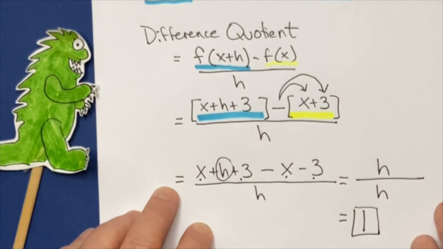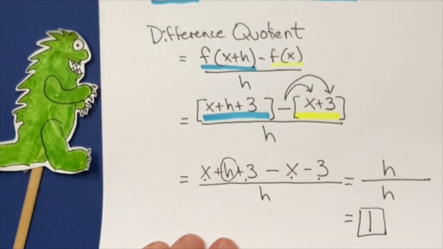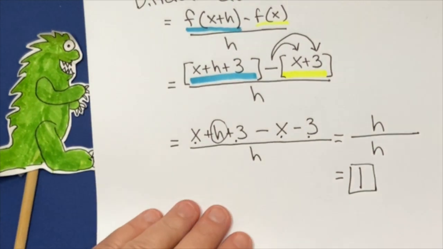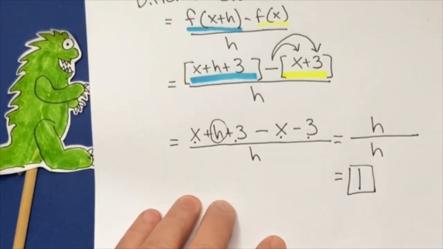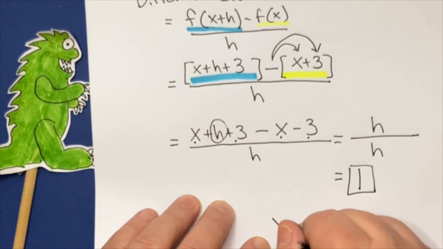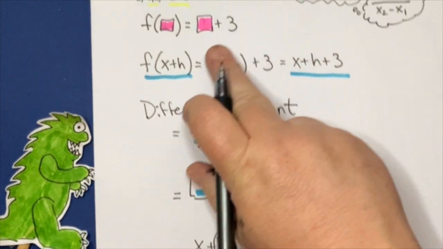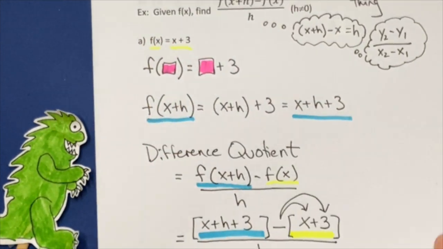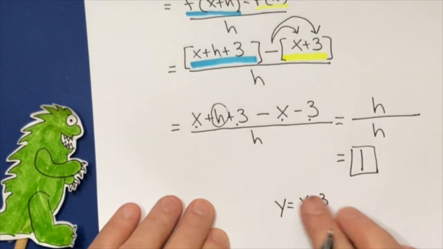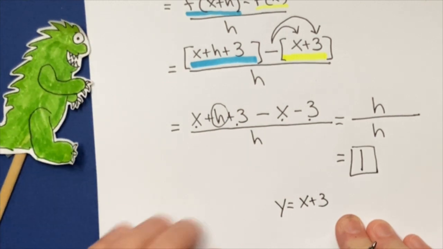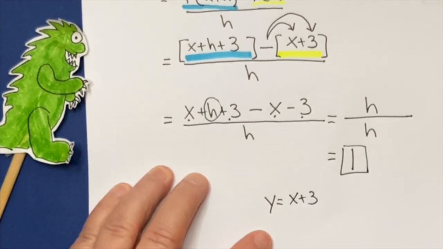Why? Well, as I said, this has to do with the slope. And if we have y equals x plus 3, f of x equals x plus 3, y equals x plus 3 is its xy equivalent.